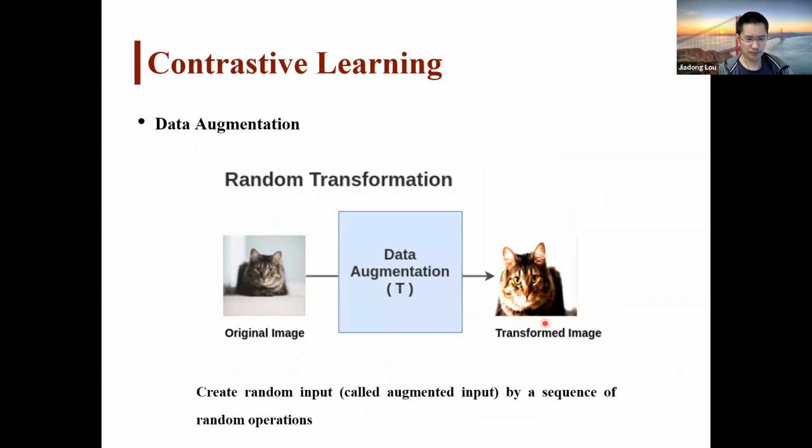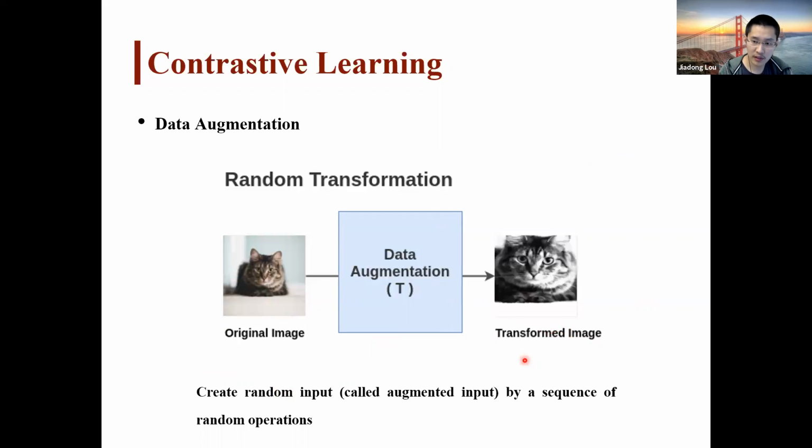An essential part of contrastive learning is data augmentation. Given an input image, the data augmentation module will create another random input, here called the augmented input, by a sequence of random operations, such as random grayscale or random resized crop, so that we can obtain some augmented data from the same original one.